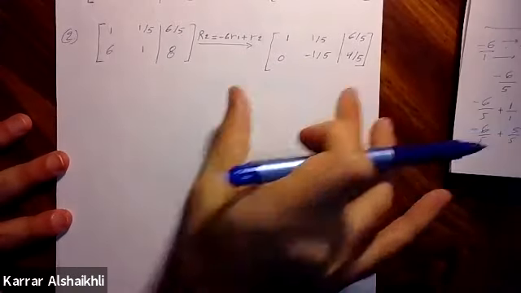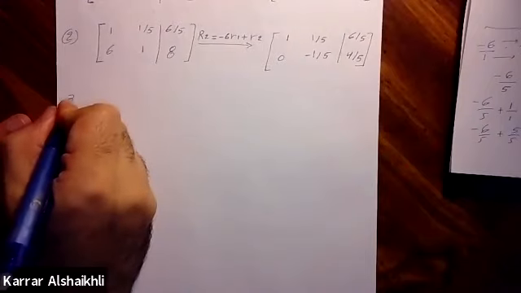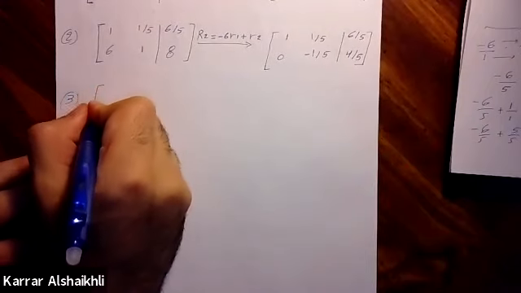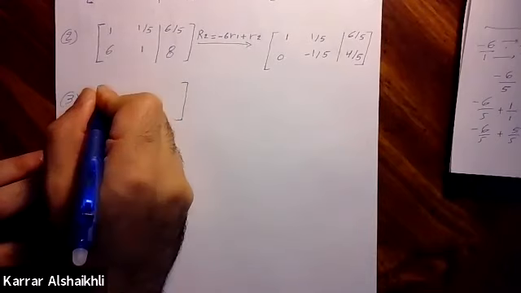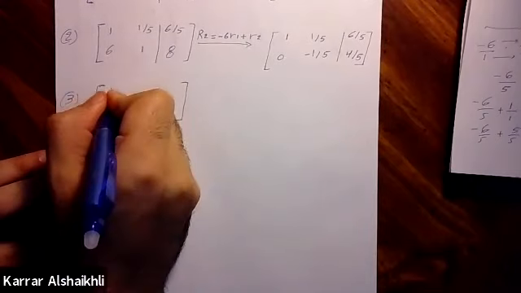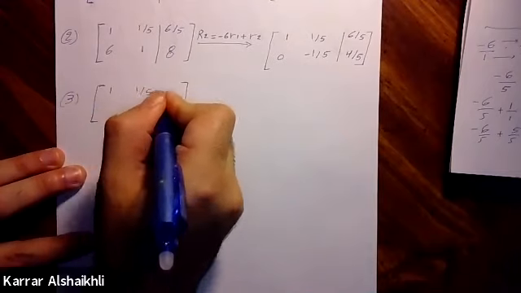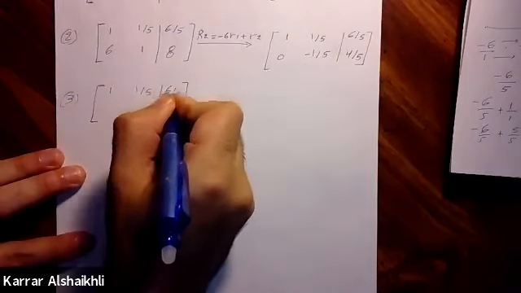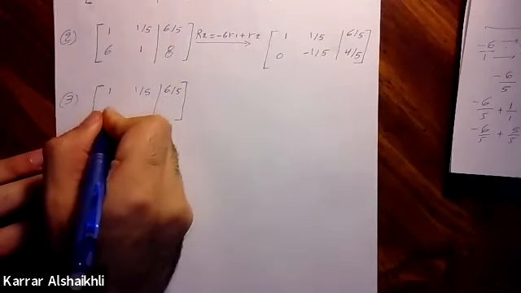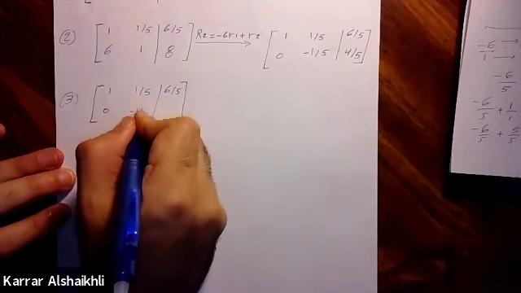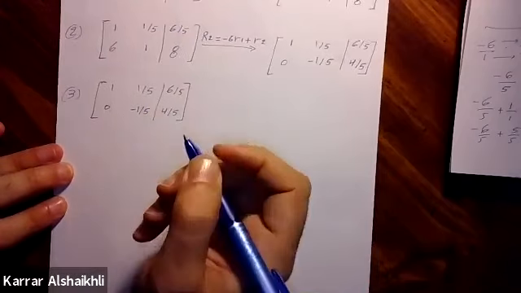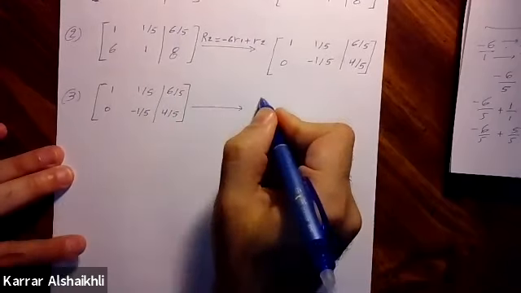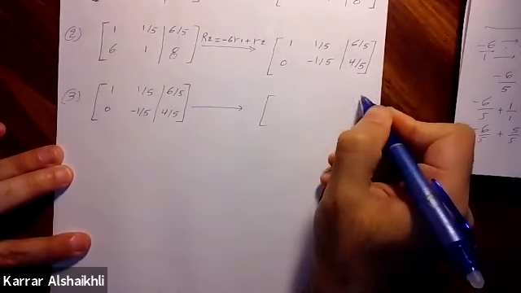Now, I'm going to write down everything here to do step 3. 1, 1 over 5, and 6 over 5. 0, negative 1 over 5, and 4 over 5. Step 3, I already know, is divide.